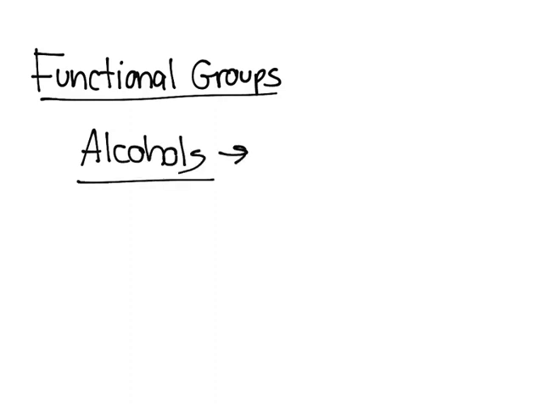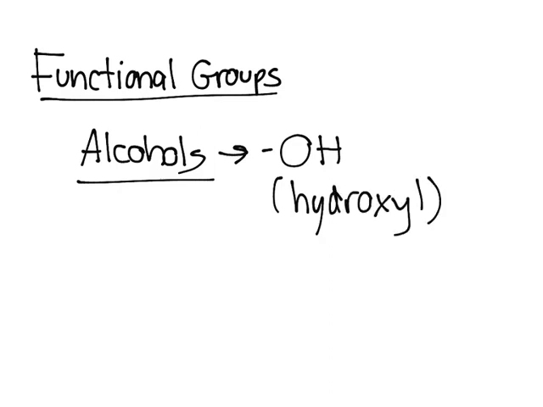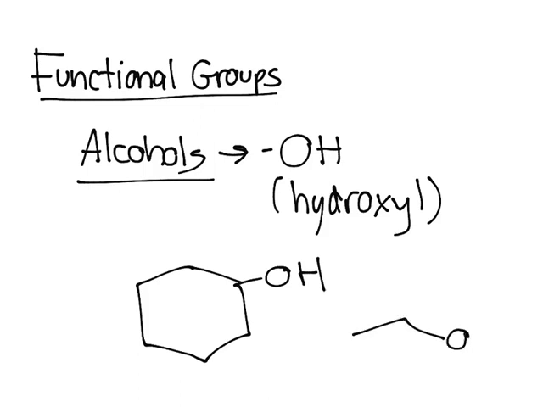Alcohols are characterized by the OH group, also known as hydroxyl. An example would be something like that, or something like that, or something like this. And here the H's are implied.